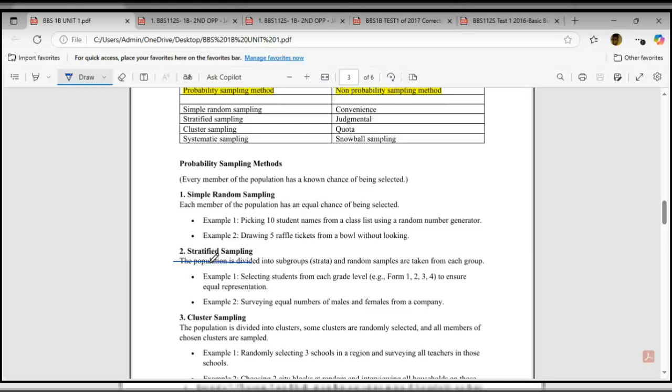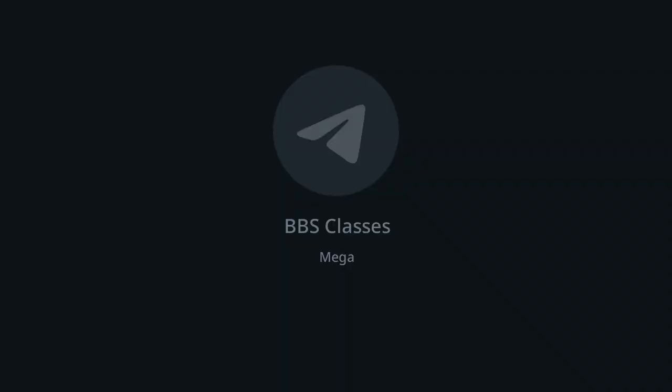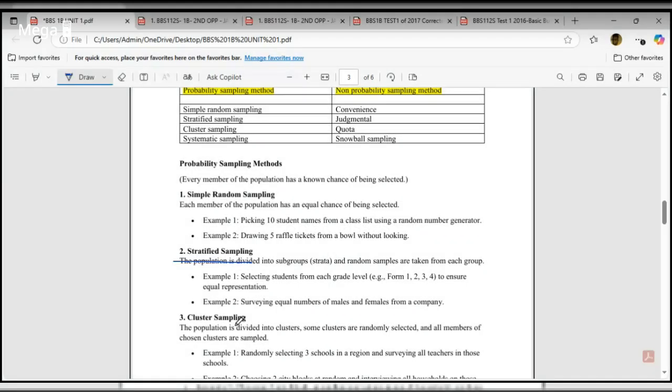So two things: you first get the groups, and then the random samples. While with cluster, you divide the population into groups, then from that list of groups you randomly select some groups, and then you take the whole group. You are not selecting from within the groups. That is the difference between stratified and cluster.